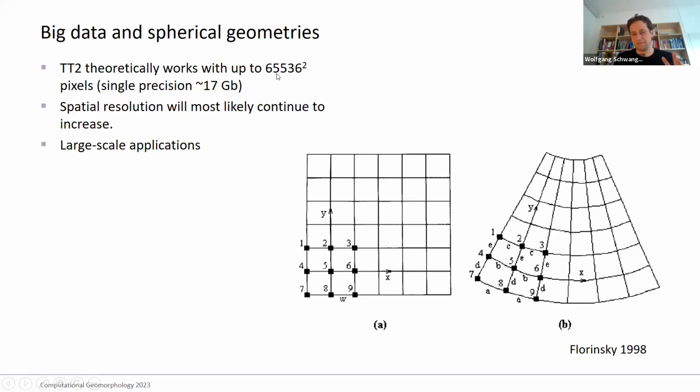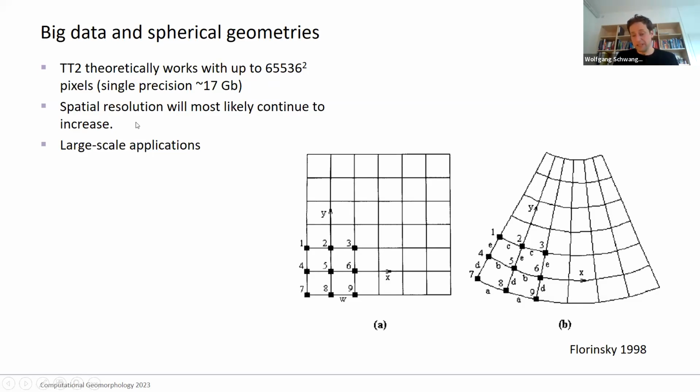But actually, it doesn't work so well anymore there. First of all, you have a very high memory requirement just to store that DEM, and then intermediate products will need that as well. So I'm currently running DEMs of up to 20 to 30,000 rows and columns with TopoToolbox. That's possible.